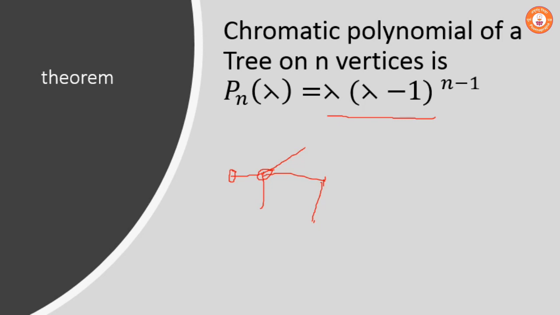The third vertex again can be colored in lambda minus 1 ways. Fourth vertex again in lambda minus 1 ways. Similarly, this vertex and this vertex can each be colored in lambda minus 1 ways. Likewise, only one vertex has lambda choices. Remaining all vertices will have lambda minus 1 choices. Therefore, the result.